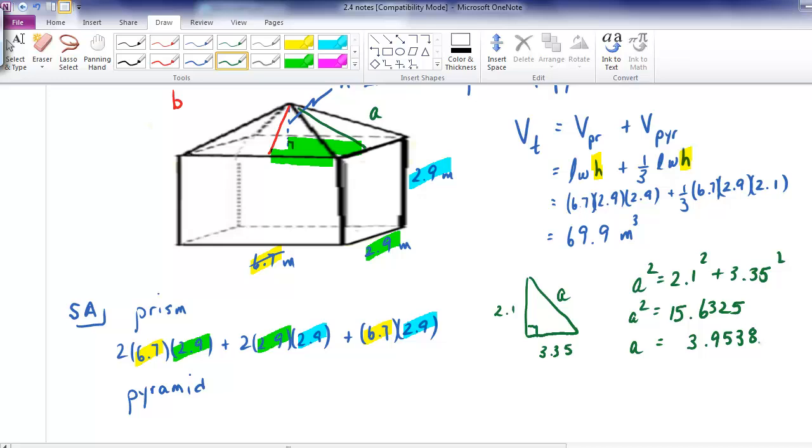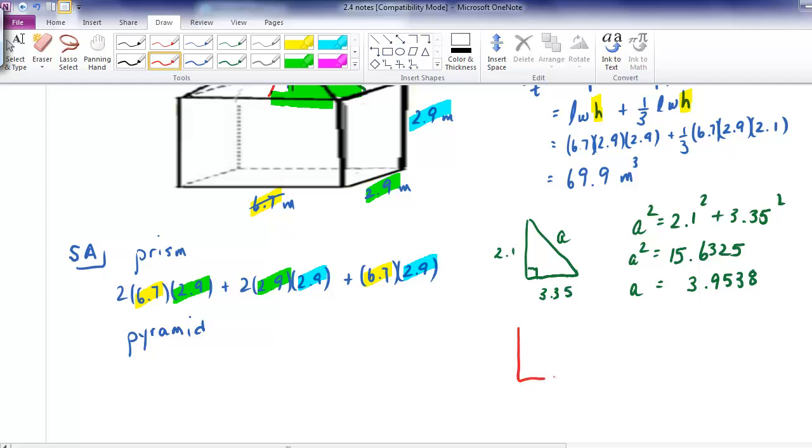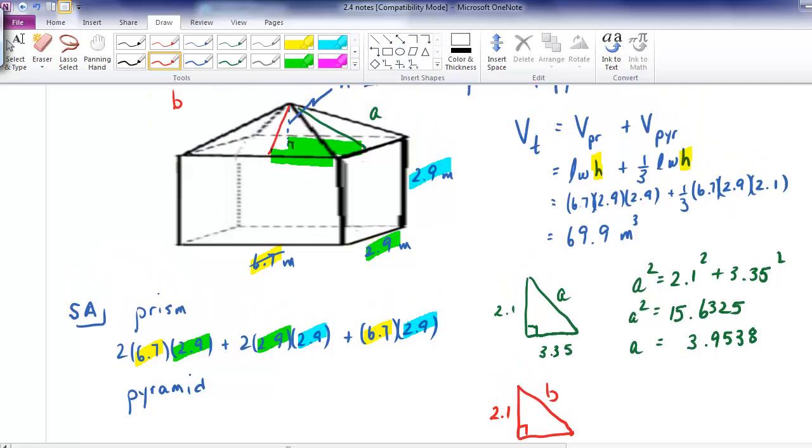And again, I need that to figure out the area of that triangular face. Okay, let's do the same thing with B. So again, here's my sketch of my right triangle. We know B is the slant height. We know the height of that triangle is 2.1. And in this particular example, I need to figure out that distance right there, just imagining it.